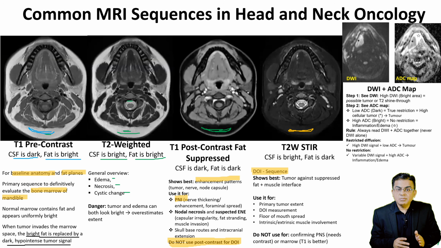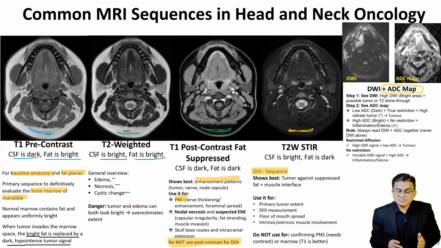You need something more. You need ADC map, apparent diffusion coefficient map. It is a calculated map that quantifies diffusion. When there is low ADC, that means water movement is low. This is called true restriction.